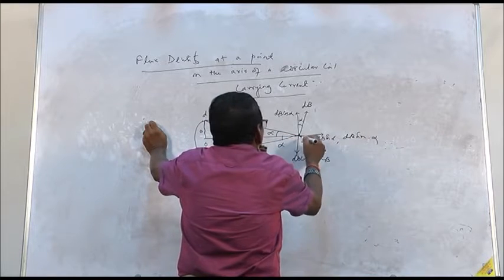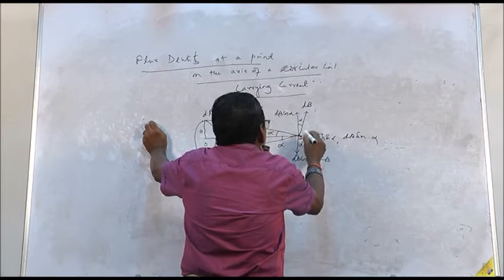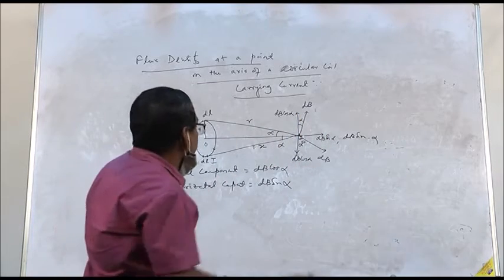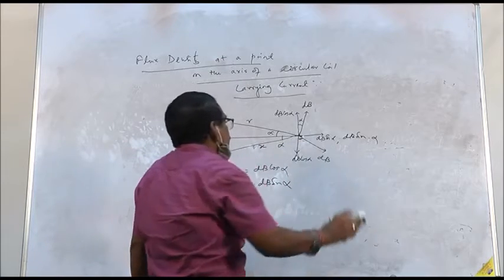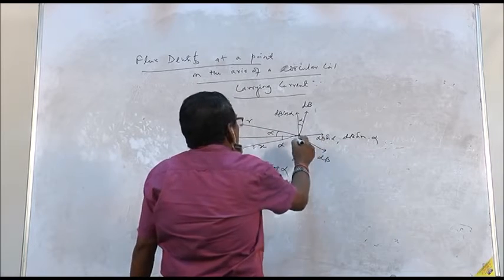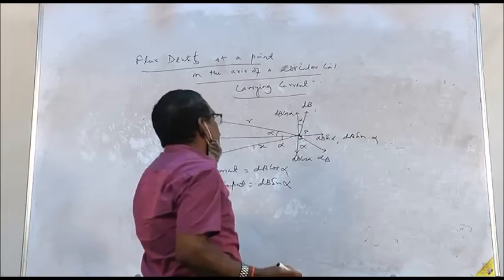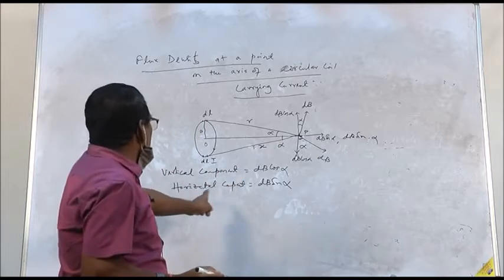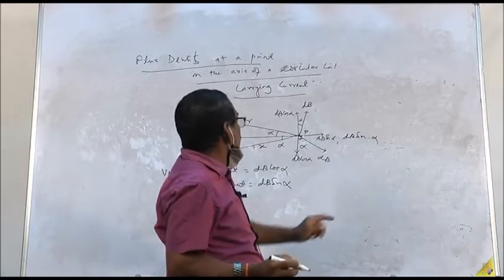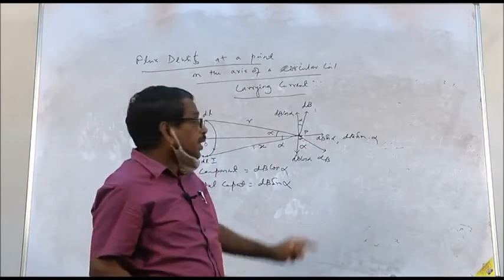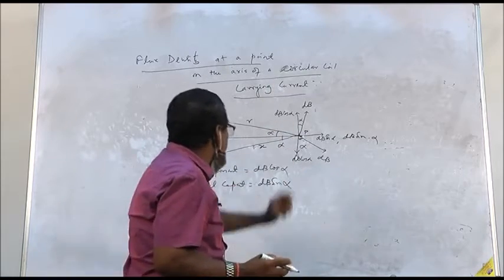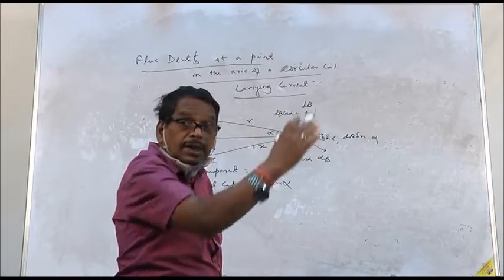This angle is also alpha. Vertical dB cos alpha, horizontal component dB sin alpha. When you look at the diagram, the dB cos alpha of the upper element is just opposite to the dB cos alpha of the lower element. So, both the components will mutually cancel.